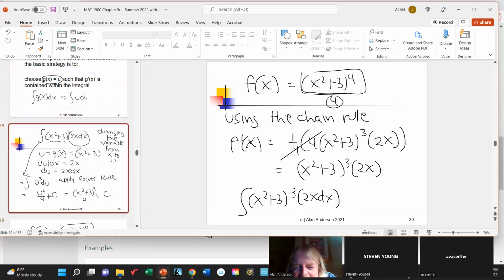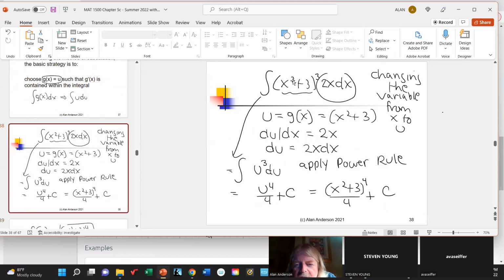So the key to the whole thing is to find some part of this integral and call it u, and then make sure that you have the correct value for du dx. If you do, you're all set. And then you can apply the power rule to u instead of x. And you basically are replacing a very messy expression with one that's not so bad. And then you replace the u with x and you're all set.